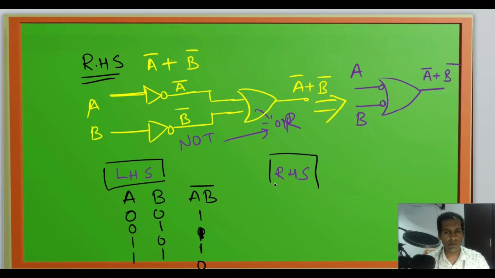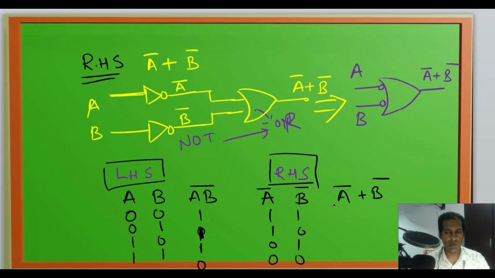Now let us check the output for the RHS. We have inputs A bar, B bar, and the output is A bar plus B bar. For AB 0 0, A bar, B bar will be 1 1. For AB 0 1, it will be 1 0. For 1 0, it will be 0 1. For 1 1, it will be 0 0.